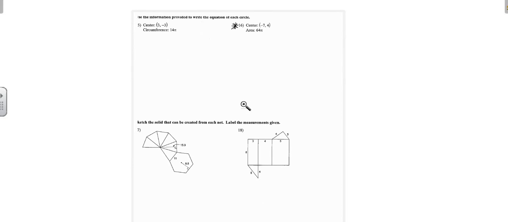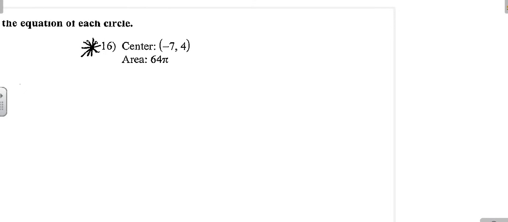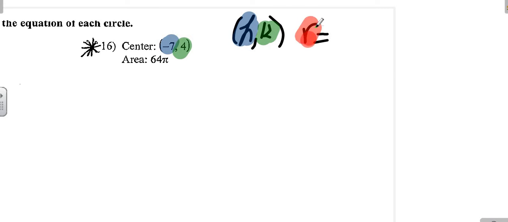We're going to write an equation of the circle. There's only 2 things you need for an equation of a circle, and that is a center and a radius. You need an h, k, which is the center, and a radius. Now here, for this problem, we've been given our h, we've been given our k, we are missing the radius. What have we been given?